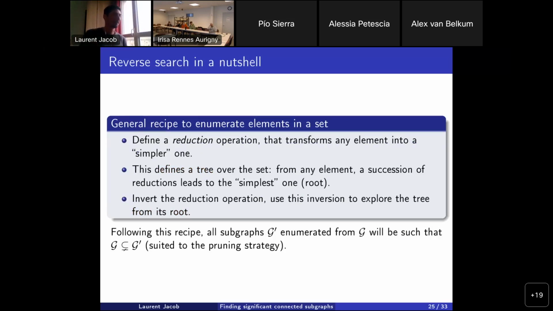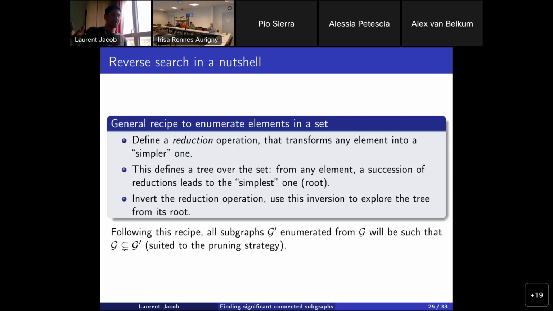Simpler can be anything. It's just that in the end you need to have an empty element. And by doing that, you define a tree over the set, because from any element you will get a smaller one, from this one a smaller one, etc. And in the end, the succession of reductions will lead to the simplest one, which is the root. I will give an example right after.